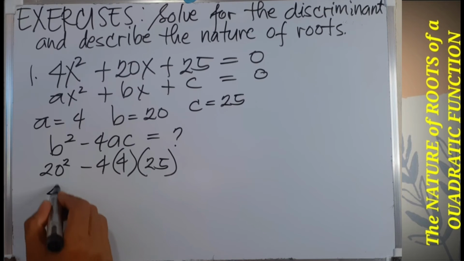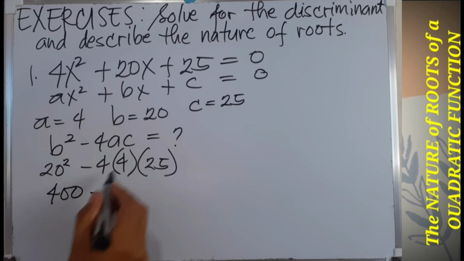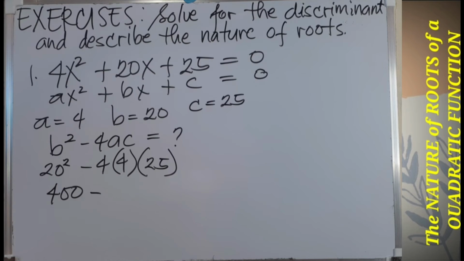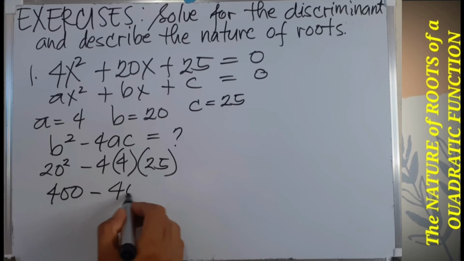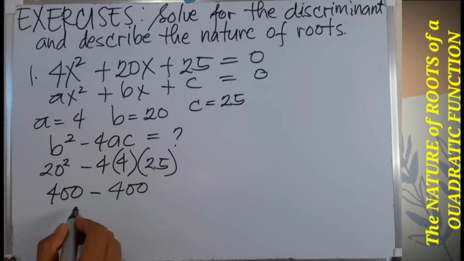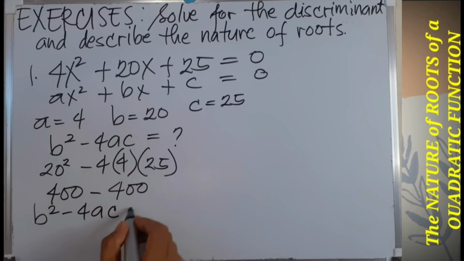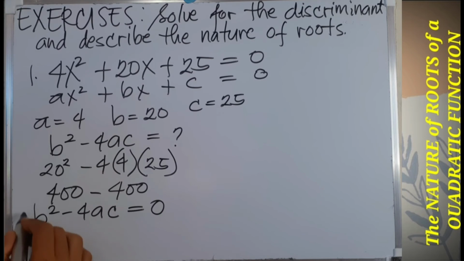20 squared is 400. 4 times 4 is 16 times 25, or 4 times 25 is 100 times 4 is also 400. 400 minus 400 equals 0. Meaning, the discriminant of the above quadratic equation equals 0.